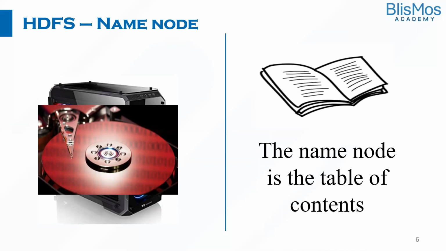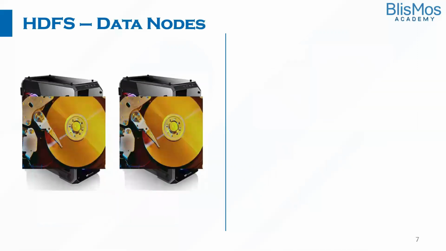The name node would be the table of contents. What do you have in a table of contents? You have the name of a chapter, and which page it starts from and which page it ends at. Like that, all the important chapters are listed, each with its start and end page. The name node is like a table of contents.